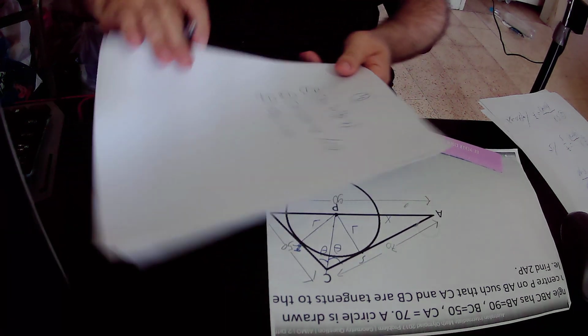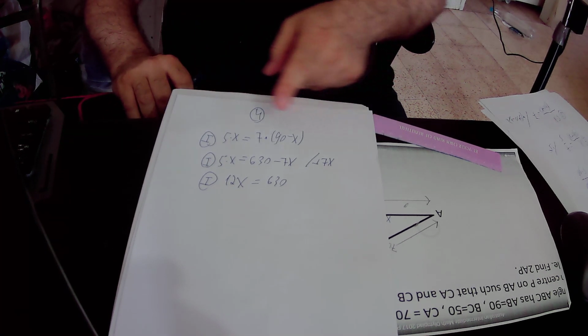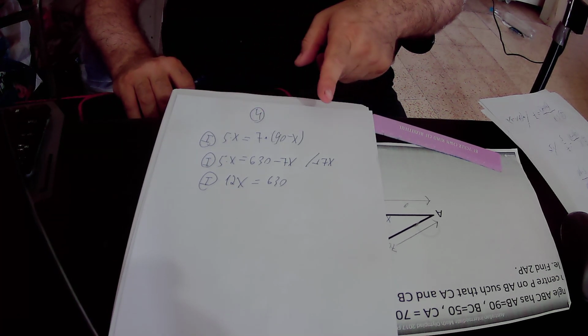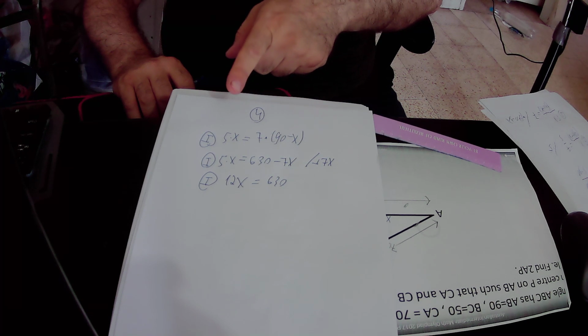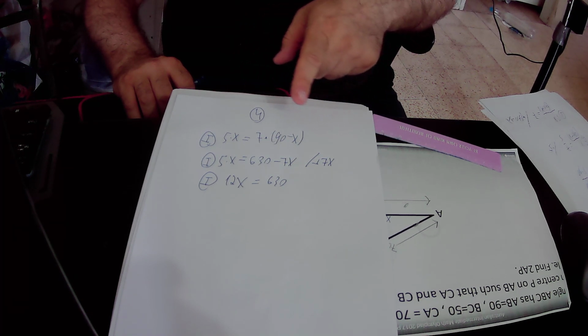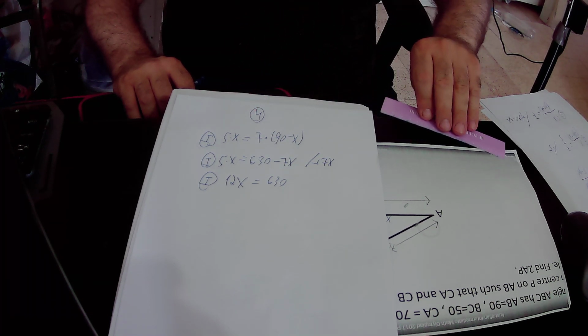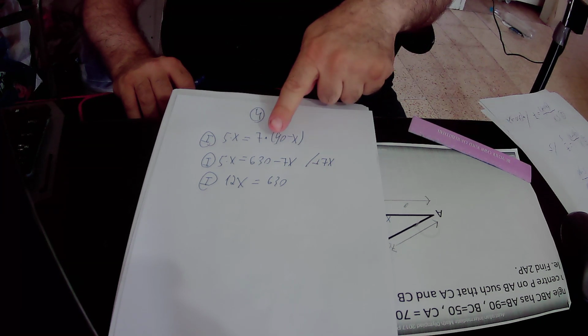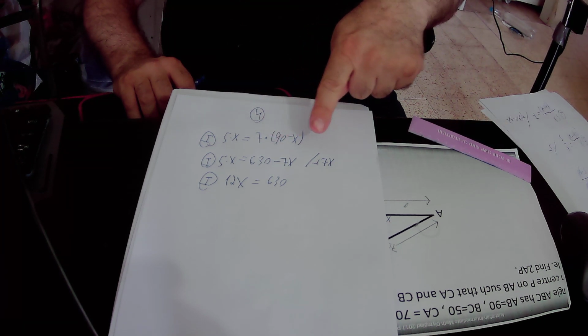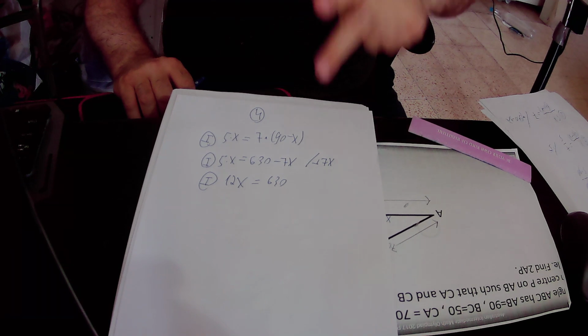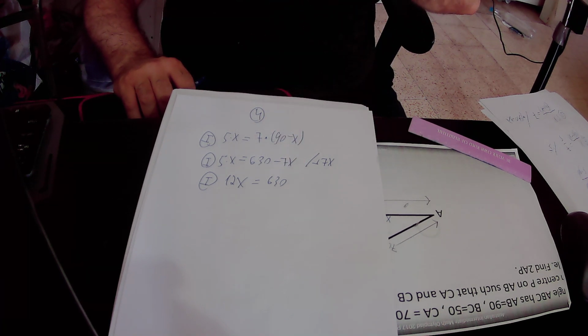Here we add 7x to both sides of the equation. We got that 5x plus 7x equals 12x, and 630 minus 7x plus 7x equals 630.